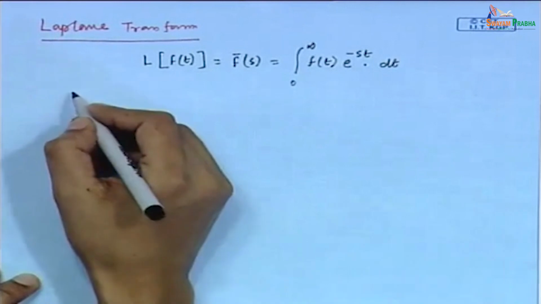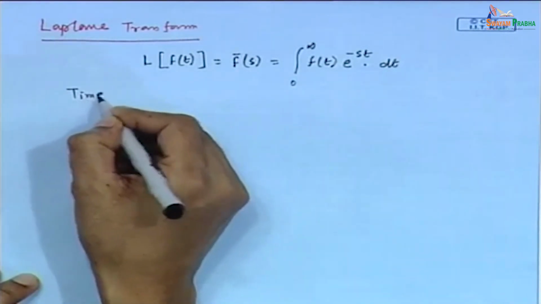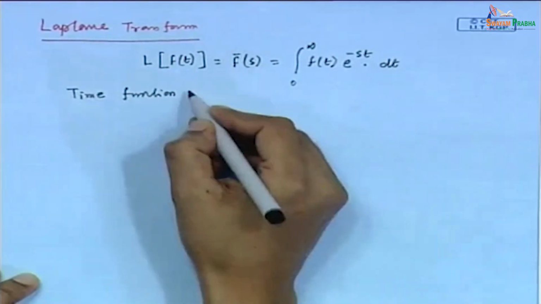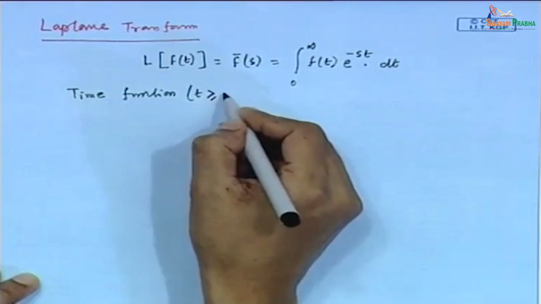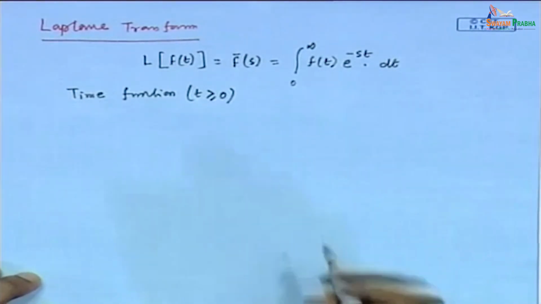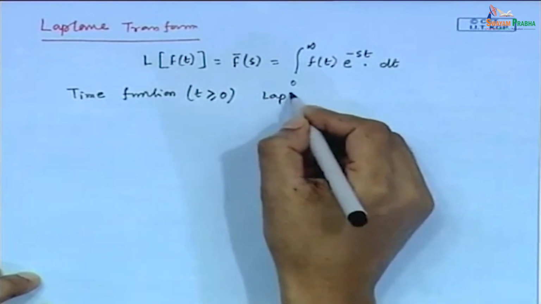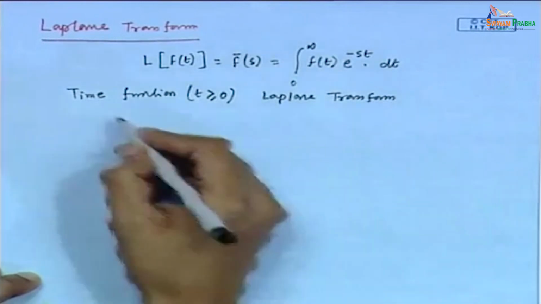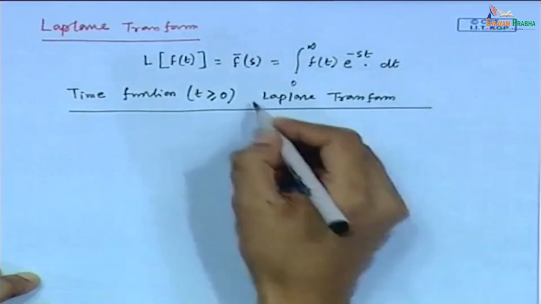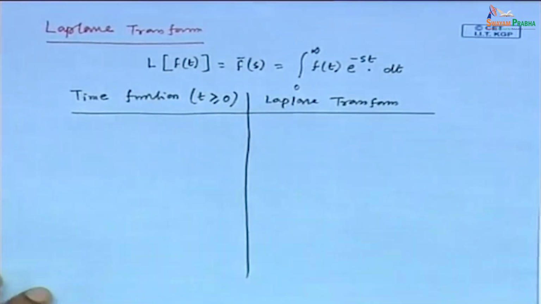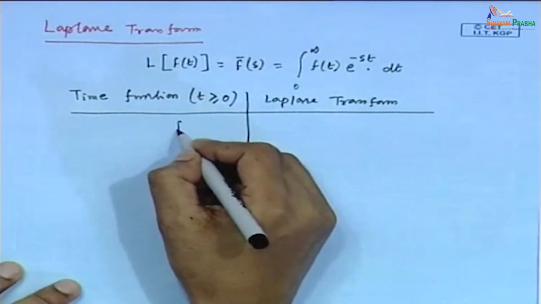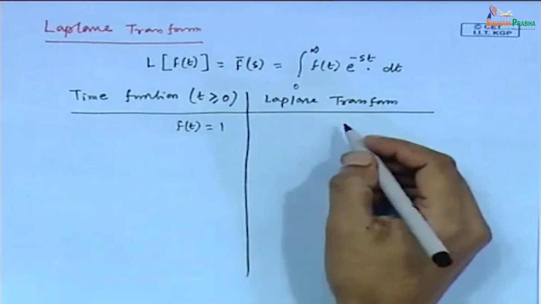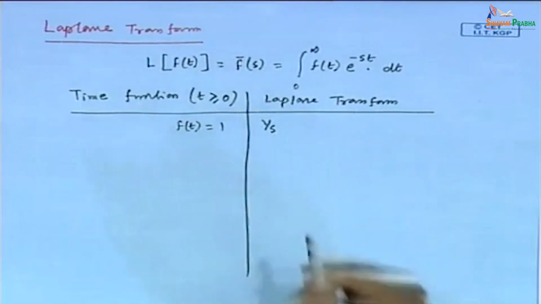Now, we will just write the formula in terms of time function, where time t is greater than or equal to 0, and the Laplace transform of those functions. Fine. If this function is equal to 1, the Laplace transform is 1 by s.